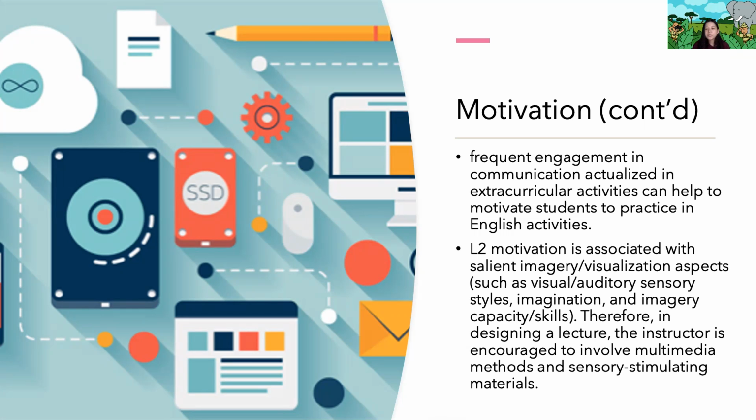Therefore, in designing a lecture, the instructor is encouraged to involve multimedia methods and sensory stimulating materials. For younger learners, teachers can use hands-on materials so that students can have more senses involved to increase their motivation.